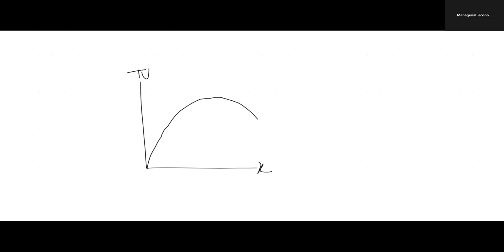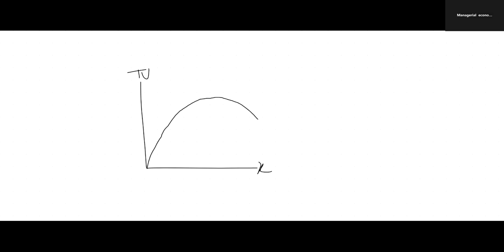Here, the marginal utility, that is the extra utility the consumer gains by consuming an additional unit of the considered product, keeps on decreasing after a certain level. If we take a practical scenario, there are two assumptions here.